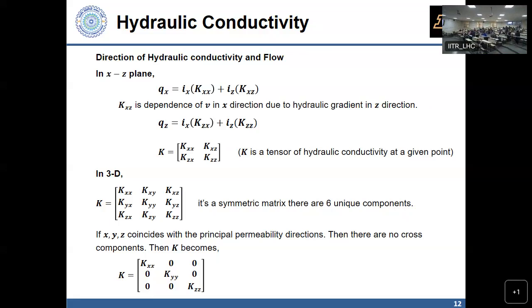So the cross components will have to come in. Yes. If I choose the directions as the principal directions, those cross components of the tensor will go away. Simple to understand, Kx, Ky.